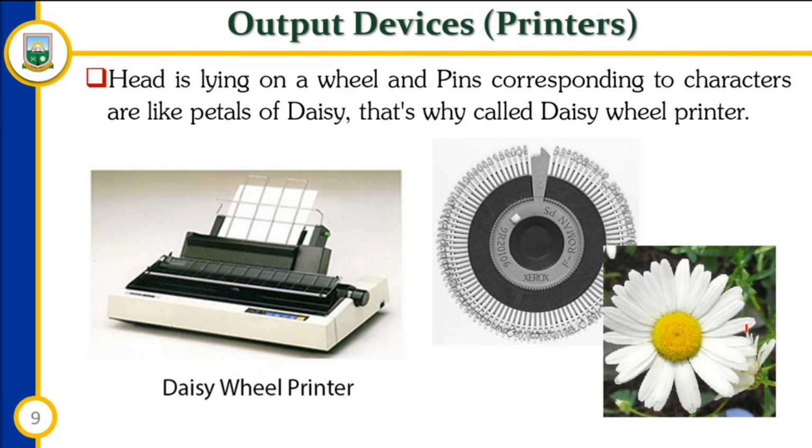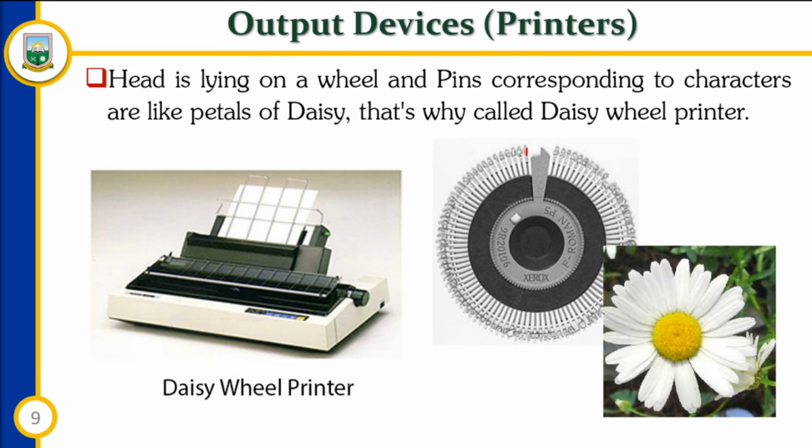On the petals of the daisy flower, this is just an analogy, we will have the pins which correspond to each of the characters lying at the tip of the petal. So this is how it looks like. The daisy wheel printer's print head looks just like this one.